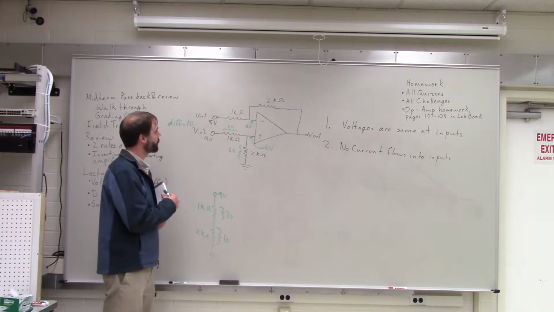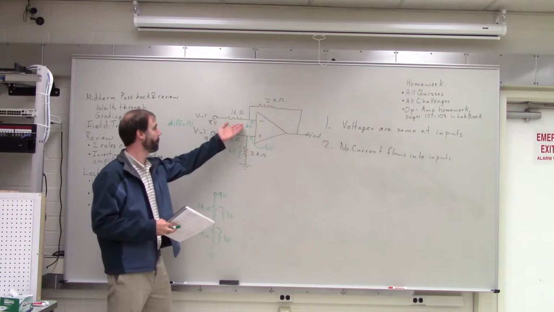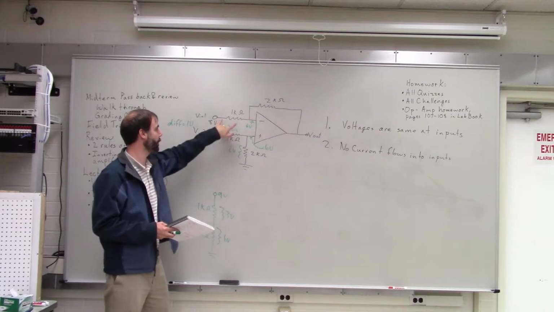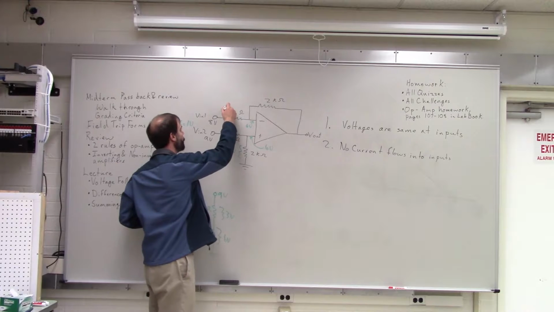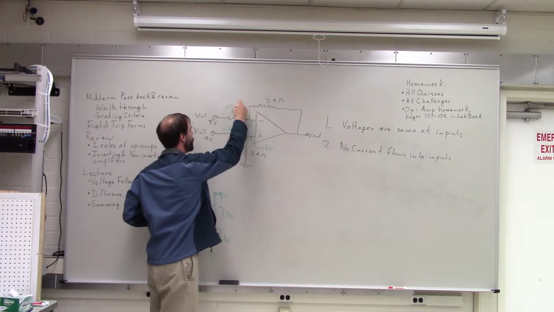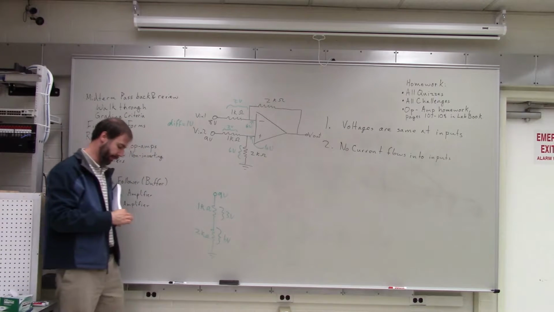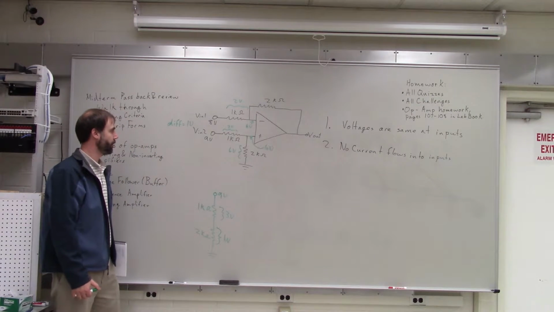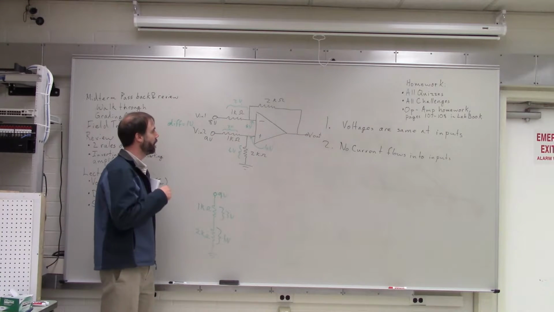So we got 6 volts up there. We have 8 volts on the other side of this resistor, so we know that we have a 2 volt difference across this resistor. Okay? So we know we have 2 volts across a 1 kilo ohm resistor.